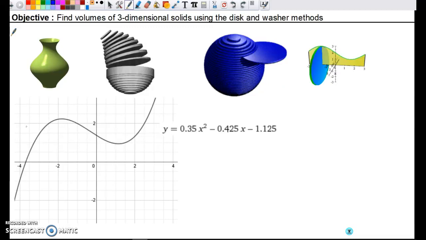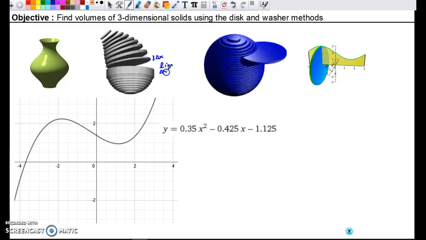So if you imagine there are different shapes in your day-to-day life that are not standard, I can't find the area or volume of this vase very easily unless you start to cut it into smaller, more standard shapes like cylinders. In fact, you're going to cut it into a cylinder that has a width, or a delta x, that is so small that it's negligible.